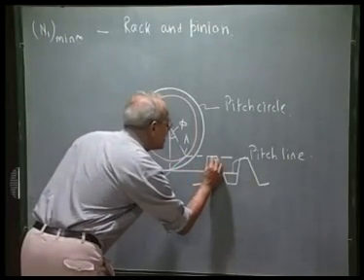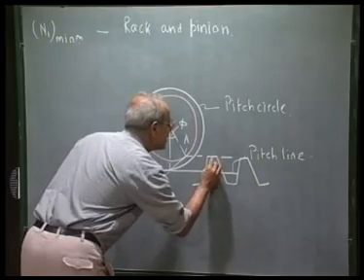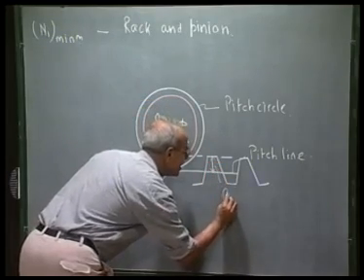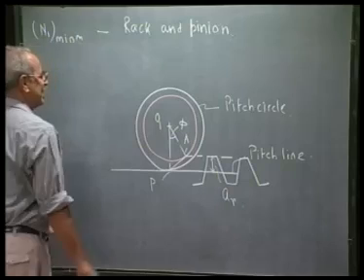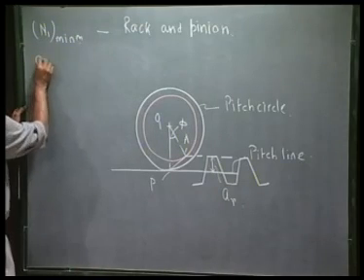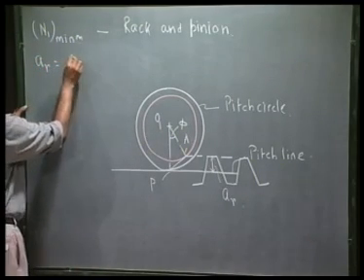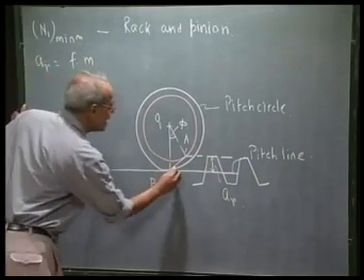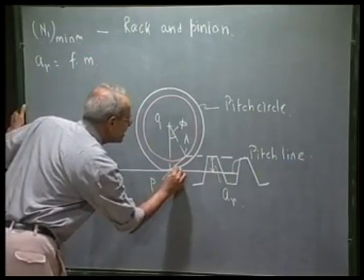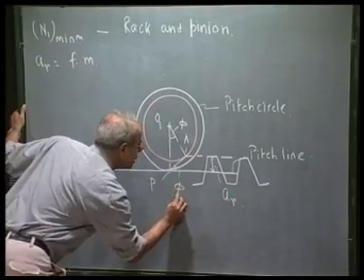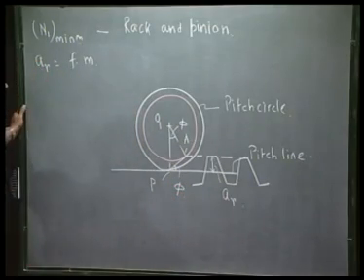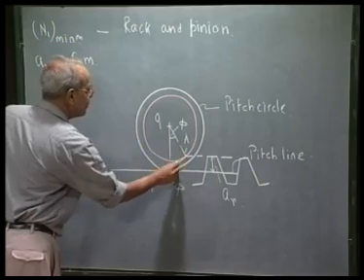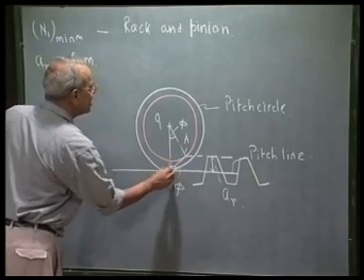This is the track of the addendum AR, which we write as f into m, and this angle is the operating pressure angle phi. So AP is AR sin phi.